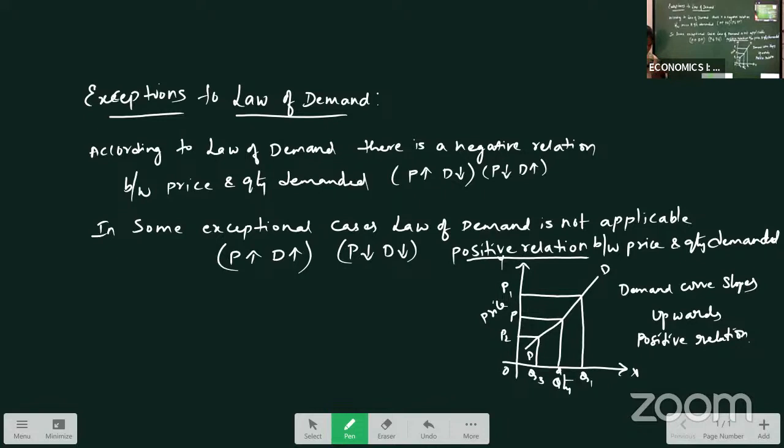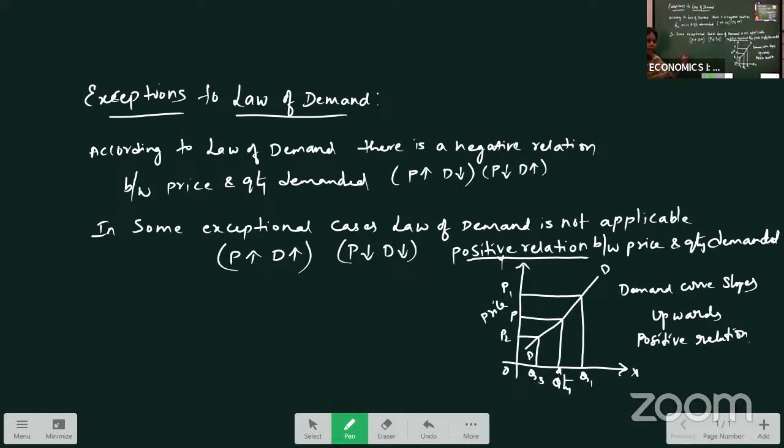When price increases, demand decreases. But in certain cases, our law of demand is not applicable. That means when price increases, our demand also increases. Demand will not decrease. A positive relation will be there between price and quantity demanded.